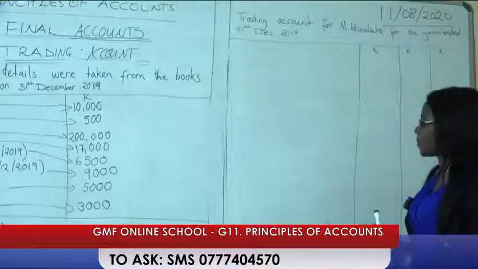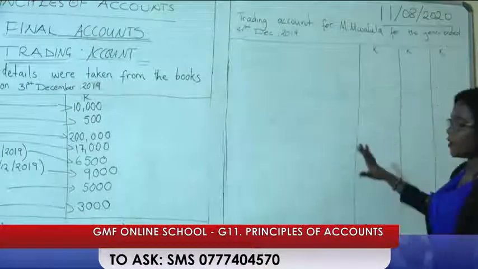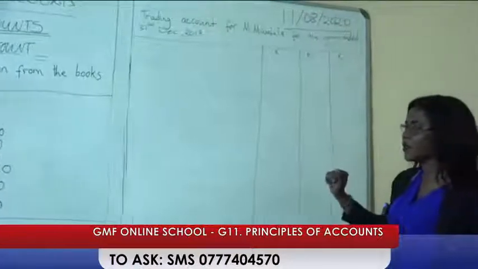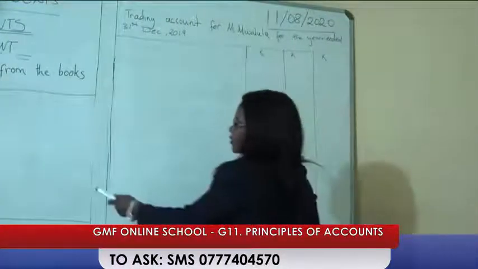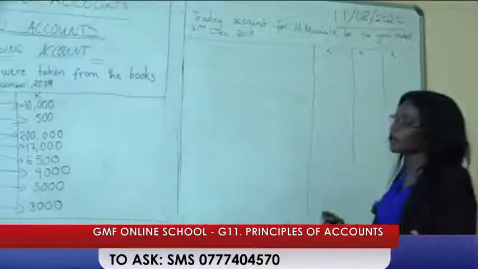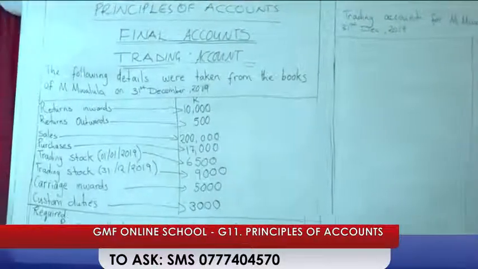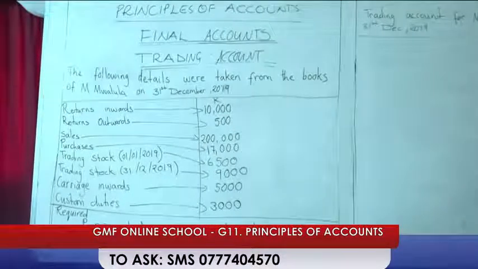Okay, so this is how the format for trading account looks before we enter our transactions. So we go back to the question. In the question, we have to identify what should be entered in the trading account for us to come up with the gross profit.